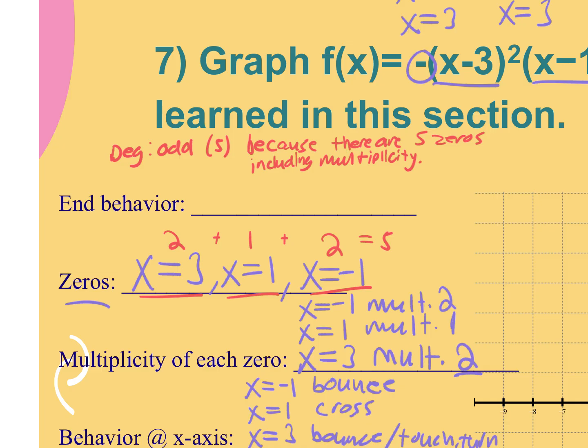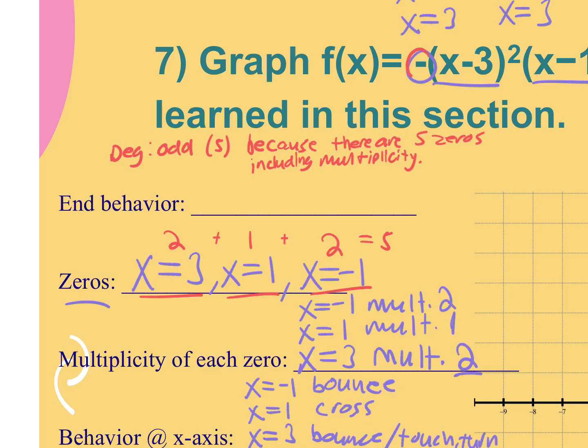So anytime you have a problem like this, don't jump right into finding the end behavior first. I know it's listed first, but that doesn't mean you have to find it first. Sometimes it's easier to just find the factors, find the zeros, and then count them. And then you can see that we have 5 answers, so our degree is odd.